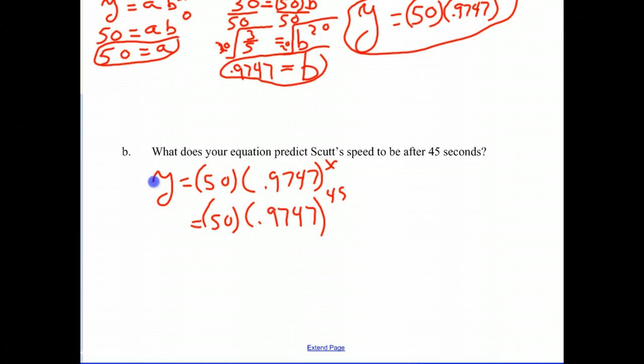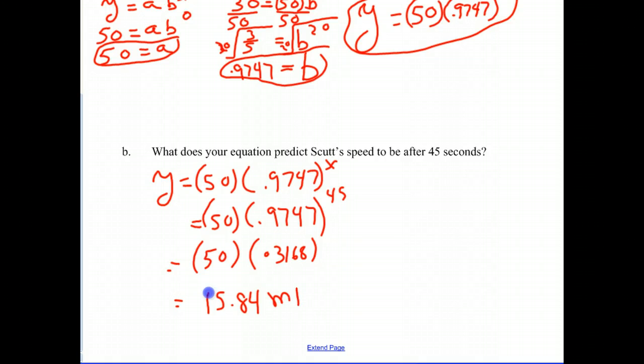And now all we have to do is evaluate 0.9747 to the 45th power. And we get 0.3168, to round it to 4 decimal places, times 50. And 50 times 0.3168 is 15.84 miles per hour if we round that off to 2 decimal places.